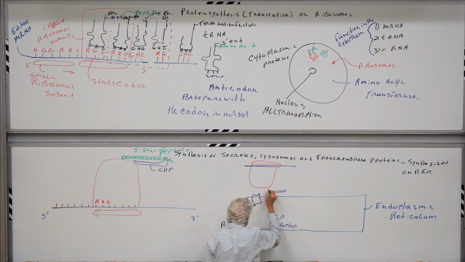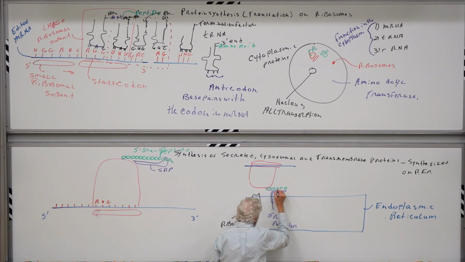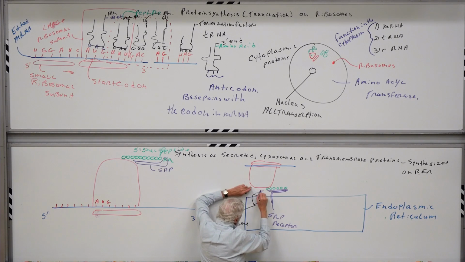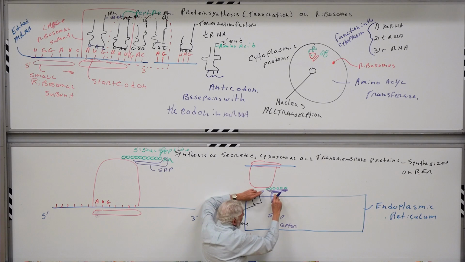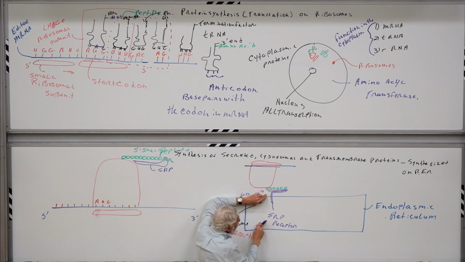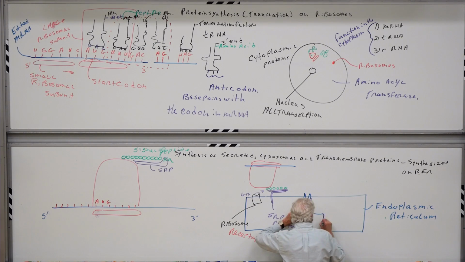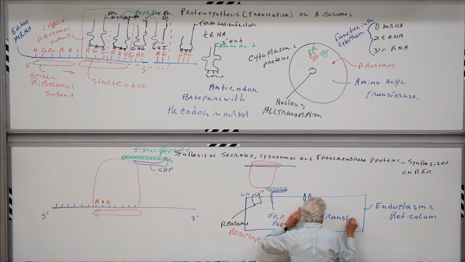Then out here with the signal peptide attached to the guppy, what will happen is that some GTP will come along here, and that will separate the SRP from the guppy, and there will be a transmembrane protein across the phospholipid bilayer called a translocon.